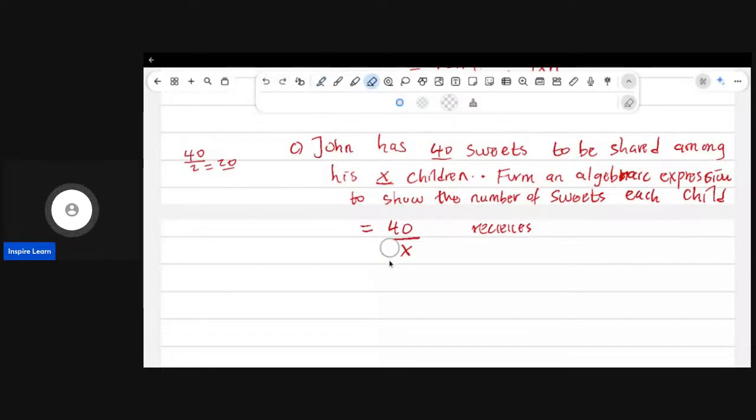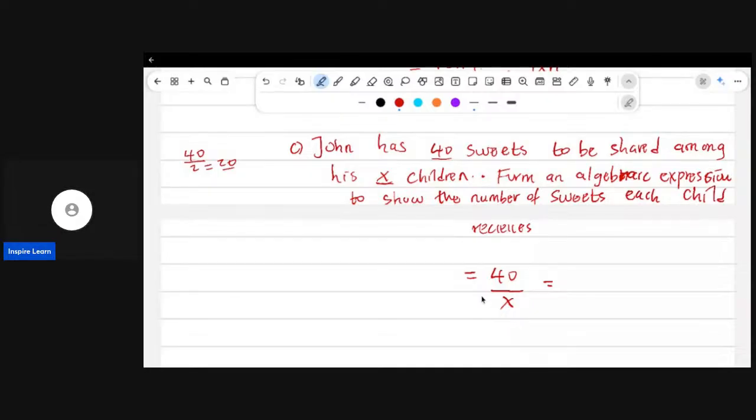That means we have the 40 sweets to be shared amongst X children. So it's the 40 sweets to be shared among X children. This is the number of sweets that each child is going to receive according to the number of the children.